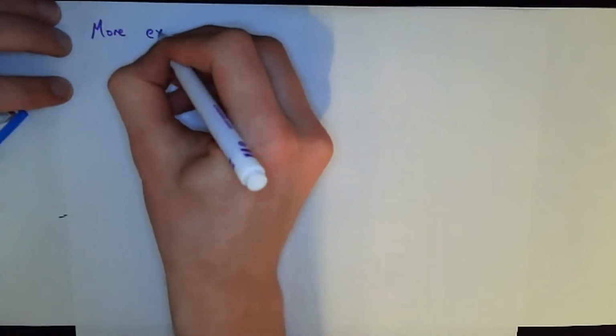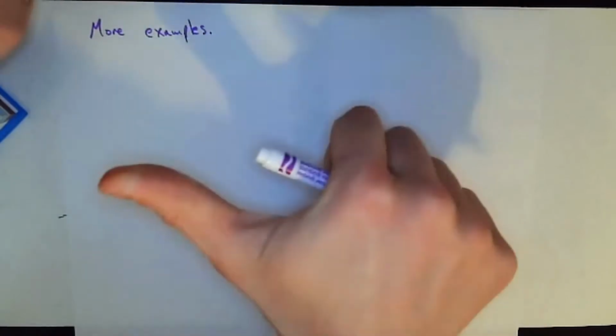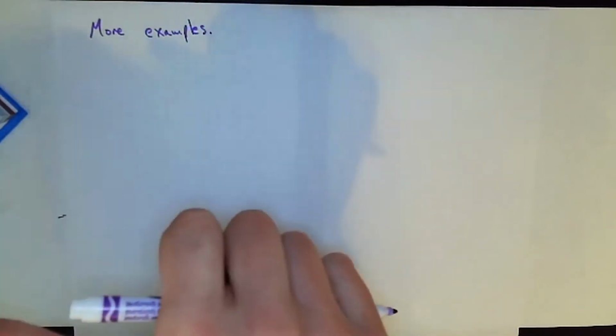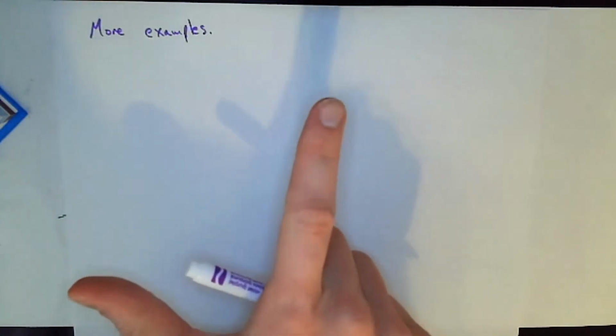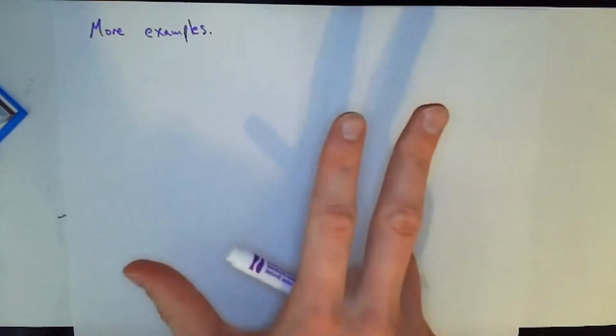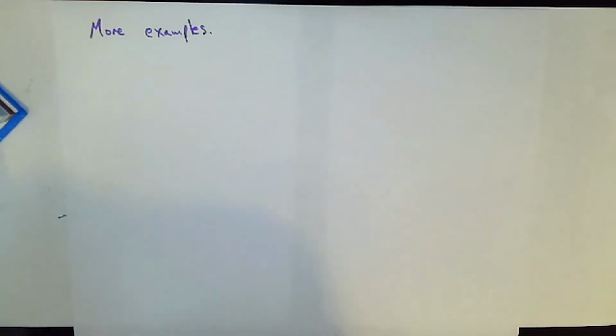So I'm going to say more examples. For all of these, I'm going to want to write it in standard form, find the vertex and the x and y intercepts, sketch a graph, and state its domain and range. All of that. So here we go.